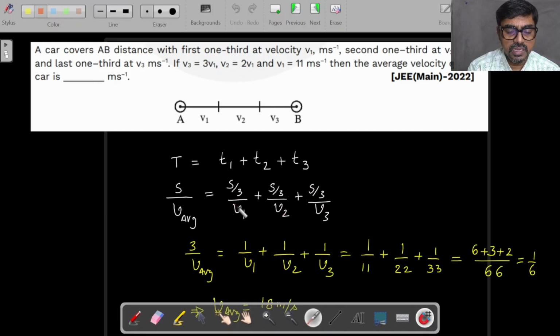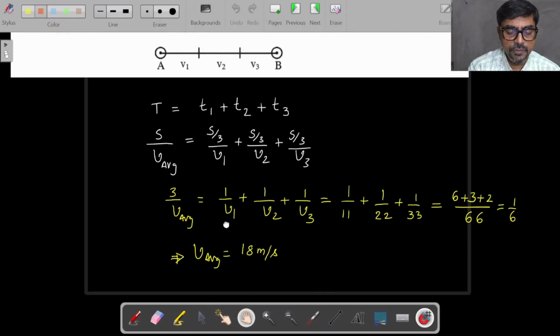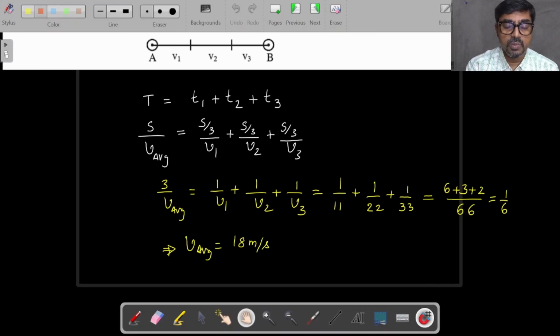So I can calculate the corresponding times and sum them up to get the total time. In that process, you see S gets cancelled out. So you get 3 by V average equals 1 by v1 plus 1 by v2 plus 1 by v3. Substitute the values of velocities and take the LCM, you will get 1 by 6. Just cross multiply it, you will get 18 meter per second.